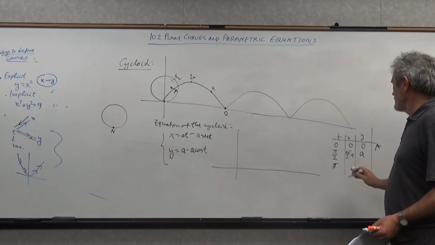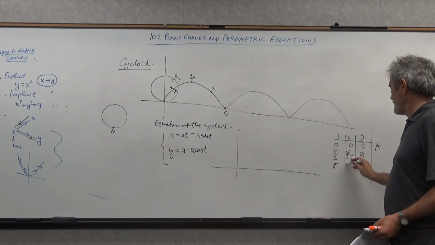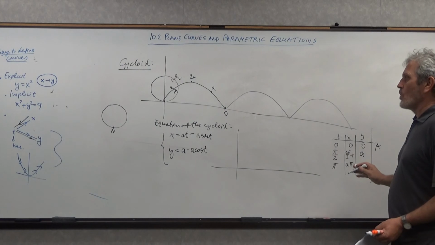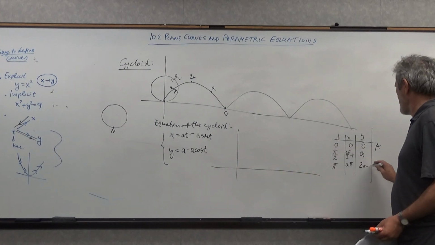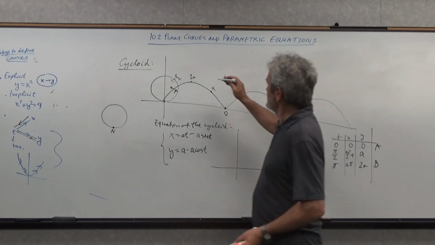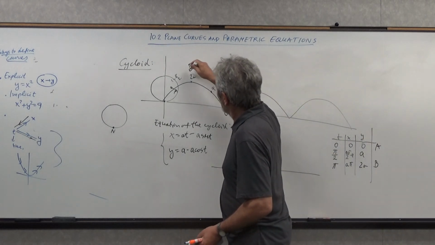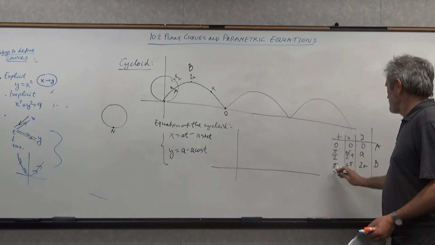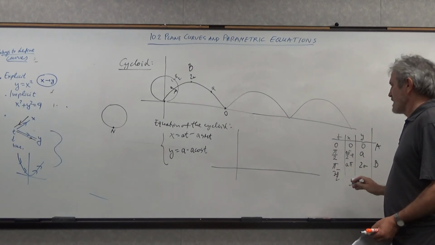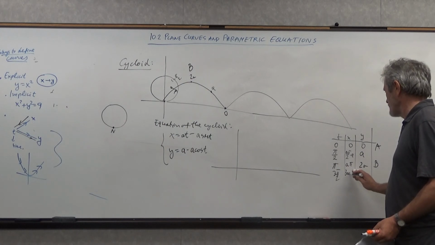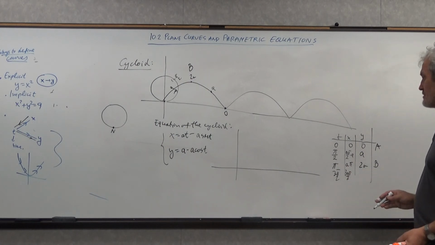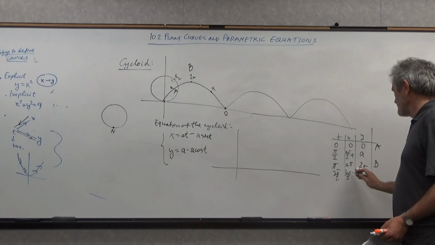Then at pi, x would be a pi, y will be 2a, and that's point B. And then at 3 pi over 2, x would be what? 3a pi over 2 plus a.